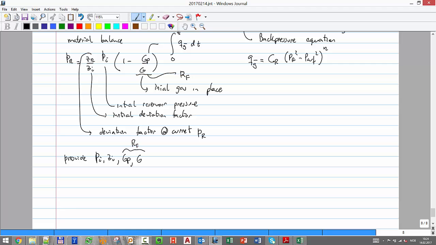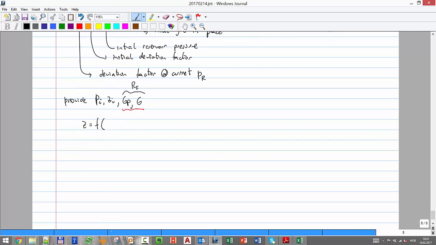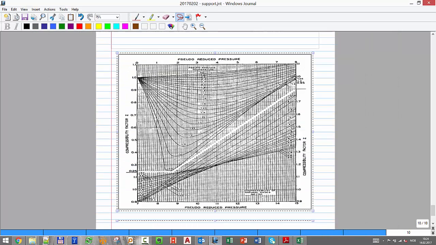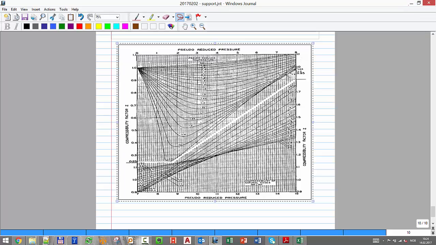Then in my equation I have this term, this term, this term, and this term, but I have these two things that are unknown. I want to solve for the pressure for that particular GP. So how do I do that? If you remember, Z is a function of what? If you remember from the course of Whitson, it's a chart that looks something like that.